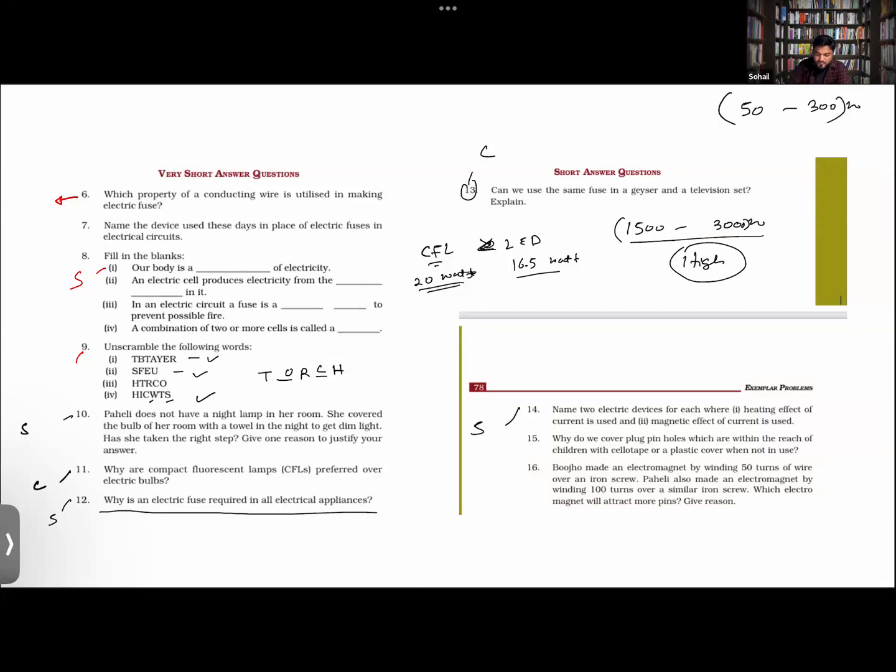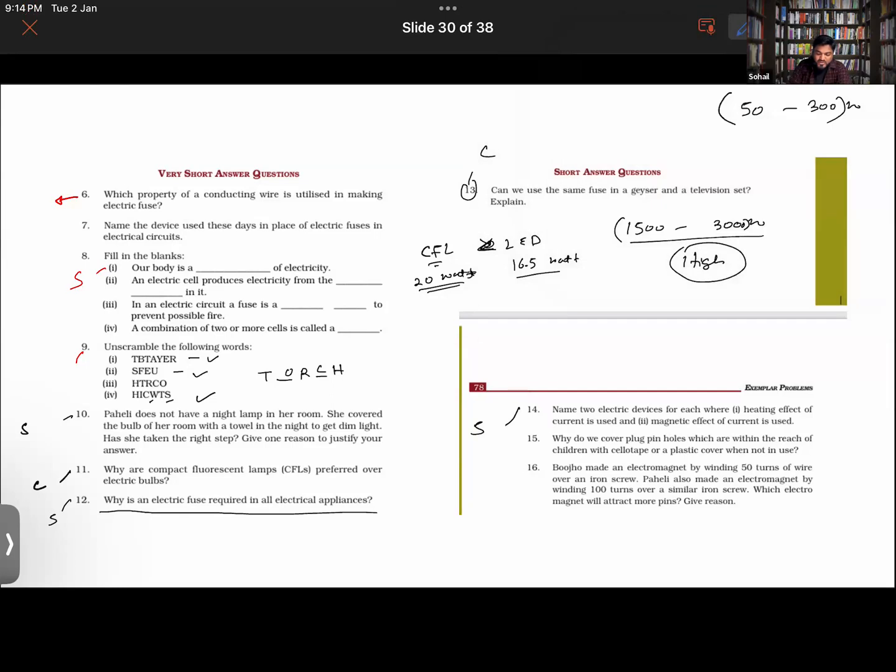So different amounts of energy are required by these two types of devices. Since a high amount of current is flowing here and a lesser amount of current there, different types of fuses will be used. The fuse you use for the geyser, you can't use for the television.